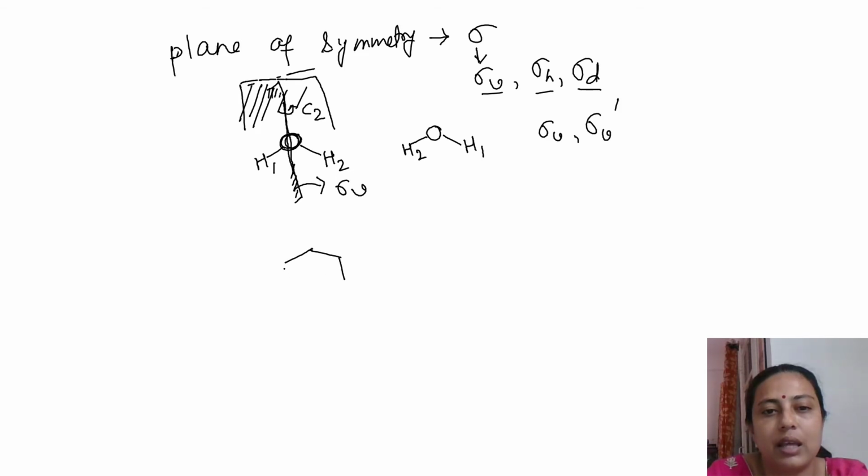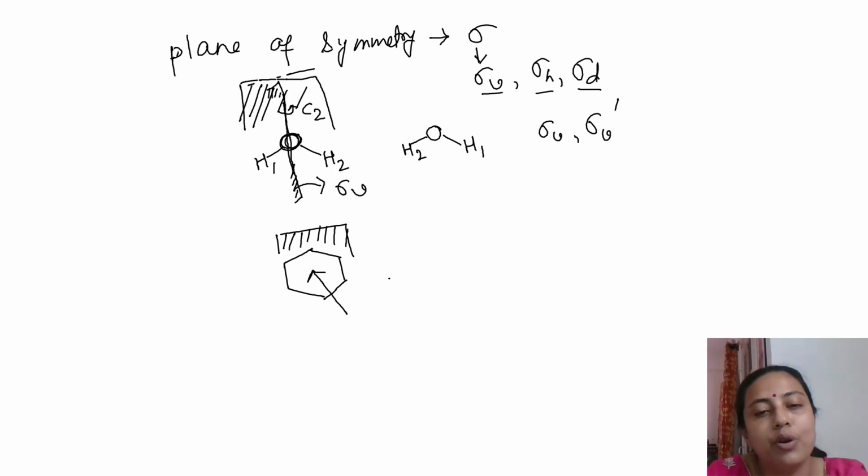Again, let us take the example of benzene. Here the axis which is perpendicular to the plane of the board, the principal axis, passes through benzene. Now the plane of the board is a plane which bisects the molecule and produces an indistinguishable structure from the parent one.